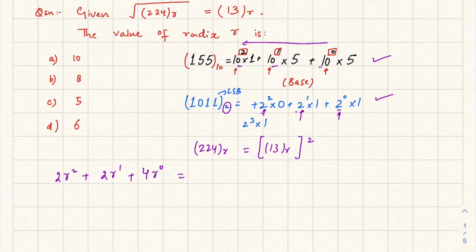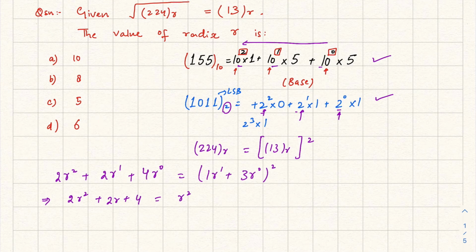Now the same thing we will do on the right hand side also. It will be 3 into r to the power 0 and 1 into r to the power 1, with a square. Now it is nothing but a quadratic equation: 2r square plus 2r plus 4 is equal to r square plus 6r plus 9, because it is like (a plus b) whole square.